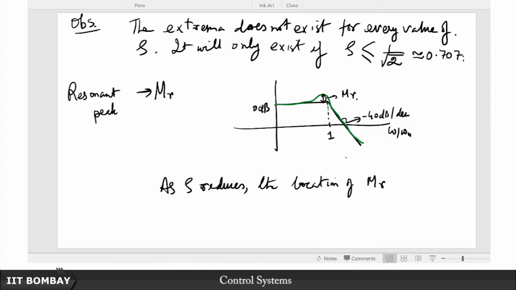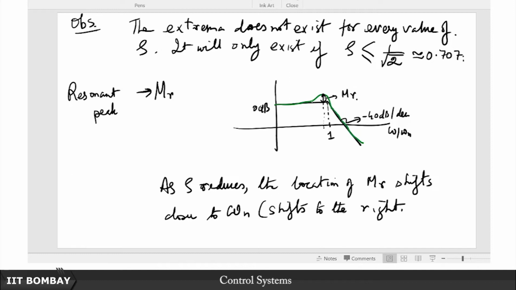The location of MR, that is the frequency at which this MR occurs, which is obviously before this omega n, shifts closer to omega n, that is, shifts to the right. So, that is an important observation.